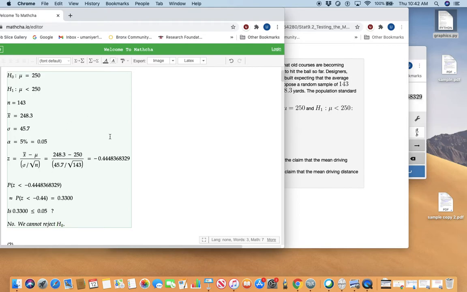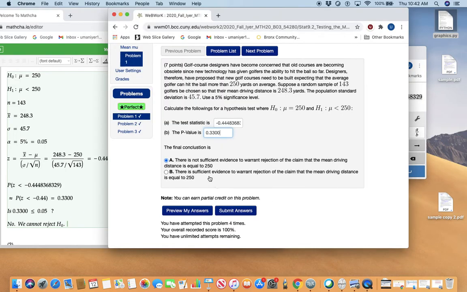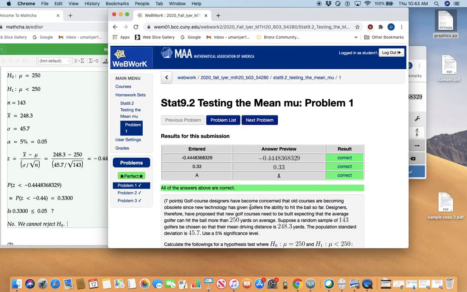That is, our study is not statistically significant to reject the null hypothesis. There is not sufficient evidence to warrant rejection of the claim that the mean driving distance is 250. So that part is the H naught. We do not have enough evidence to reject H naught. All right.